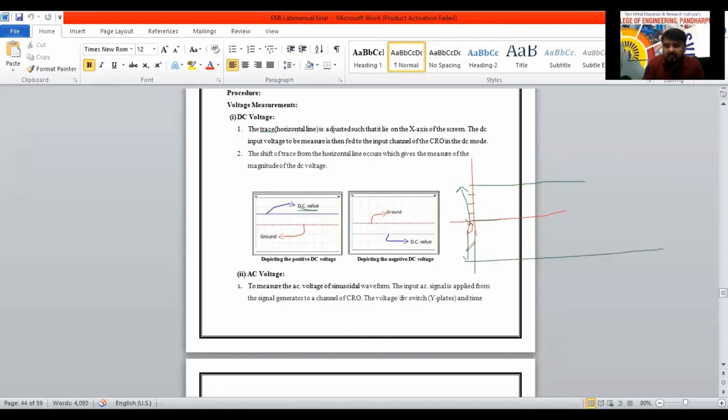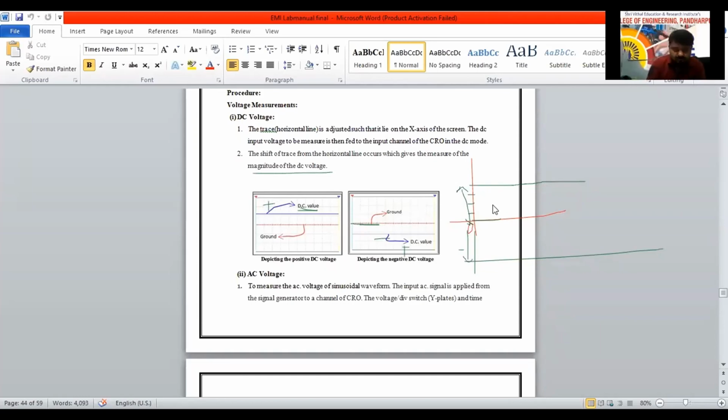This is the reference, so above it is plus DC value and below is minus DC value. The shift of the trace from the horizontal axis gives the measure of the magnitude of the DC voltage.